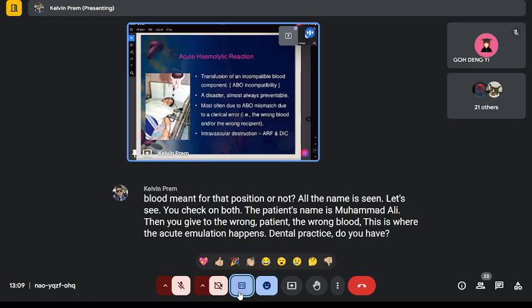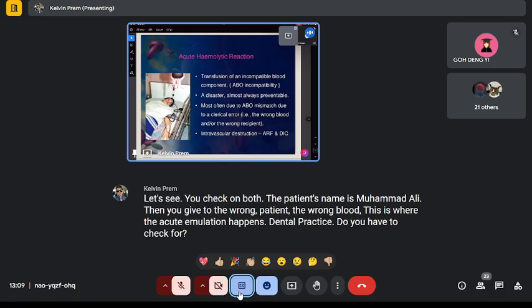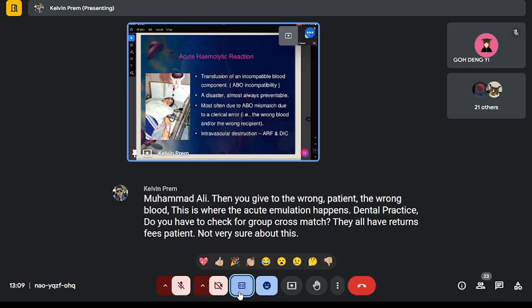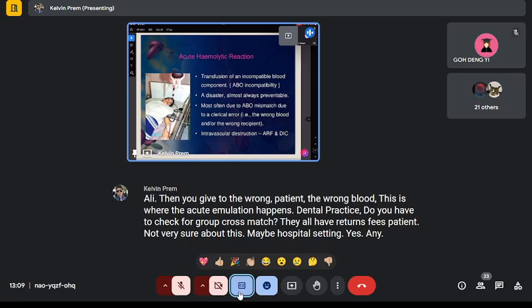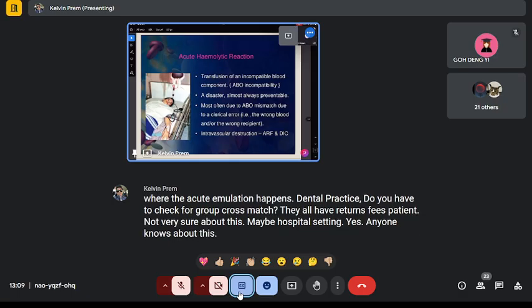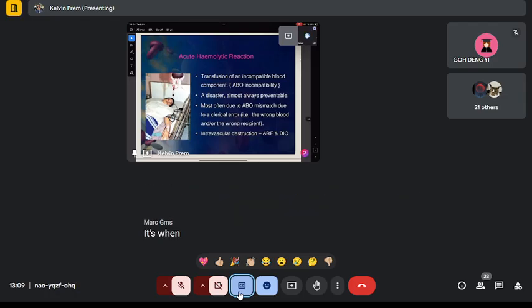In dental practice, do you all have to check for group and cross match? Do you all have to transfuse patients? I'm not very sure about this. Maybe in a hospital setting, yes. Anyone knows about this? It's when there's a mismatch in the blood group.